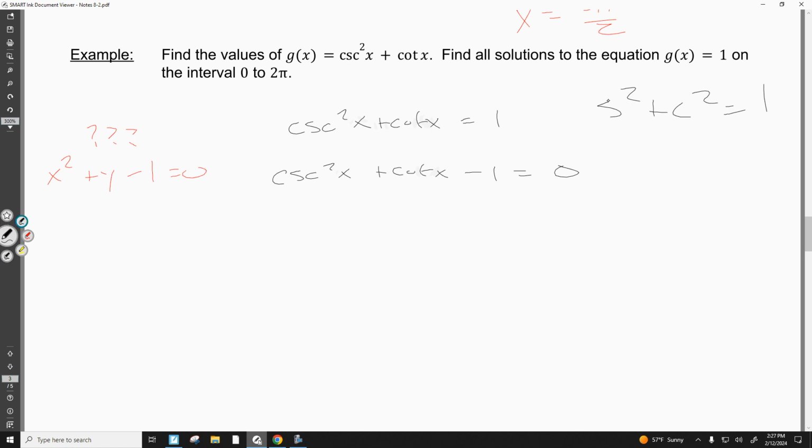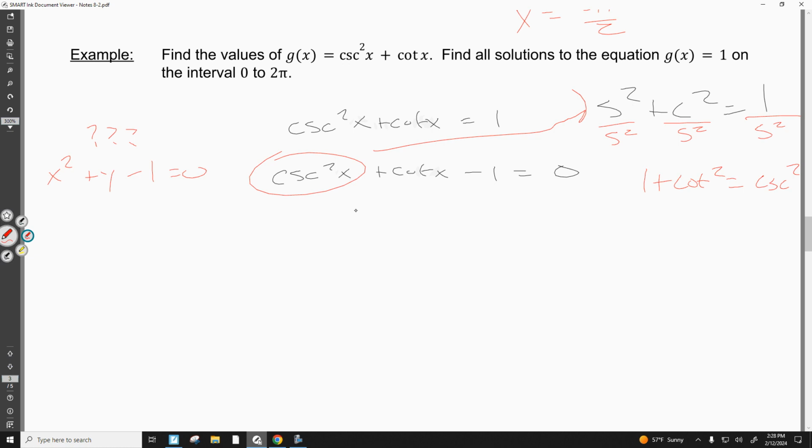Yeah. All right. So, how can I get cosecant out of that? I know, divide by sine squared. Okay, here we go. 1 plus cotangent squared equals cosecant squared.